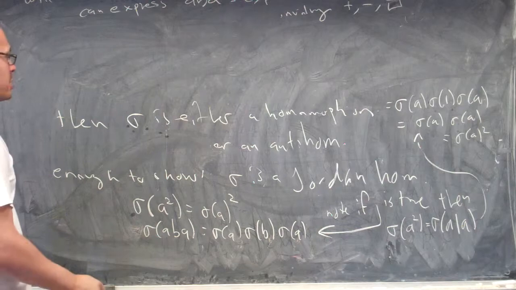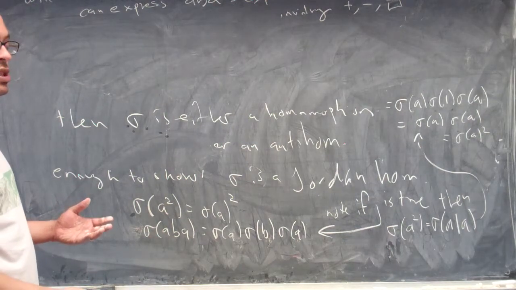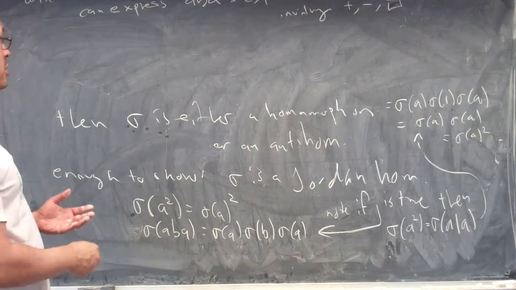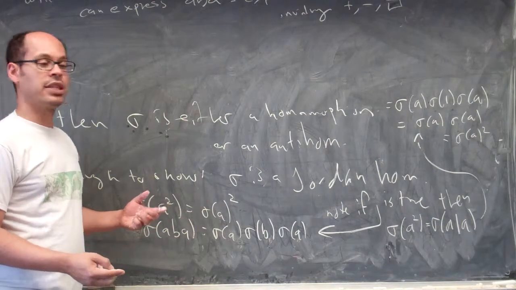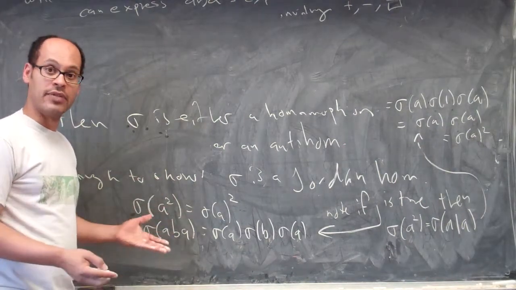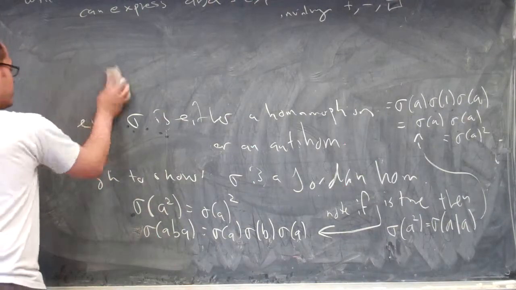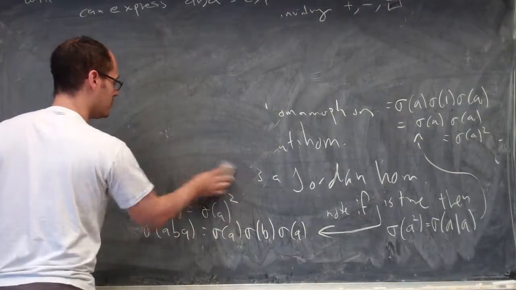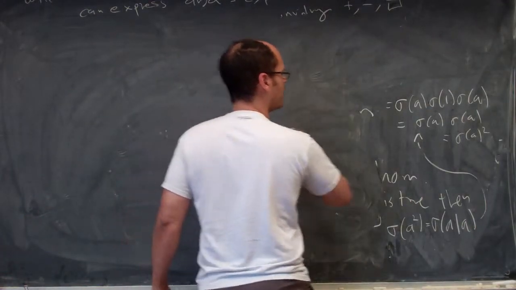And from that, it will follow that because sigma preserves these operations of plus, minus, and inverses, and because A is a division algebra, sticking on inverses on pretty much everything we care to is okay. Everything non-zero is invertible. It'll then follow that we have a Jordan homomorphism.